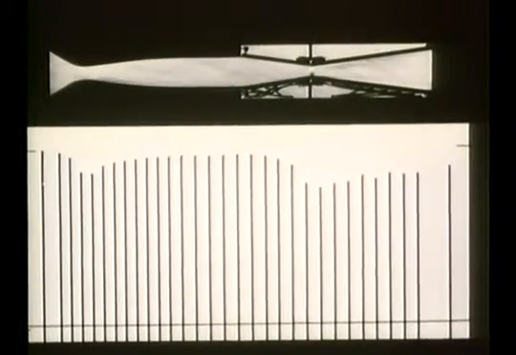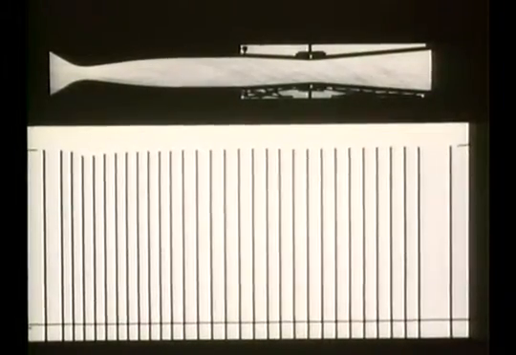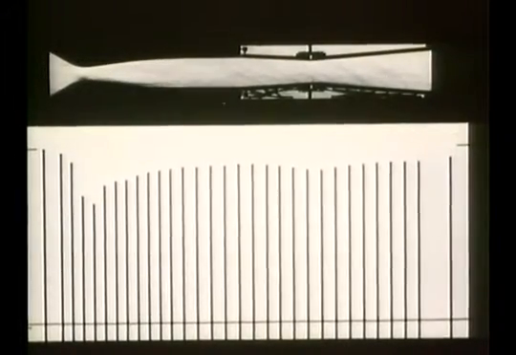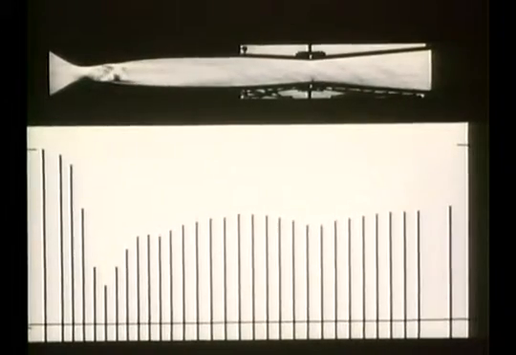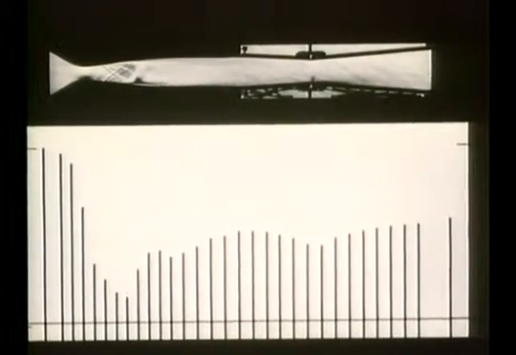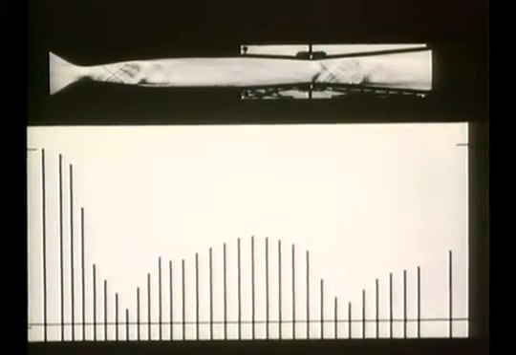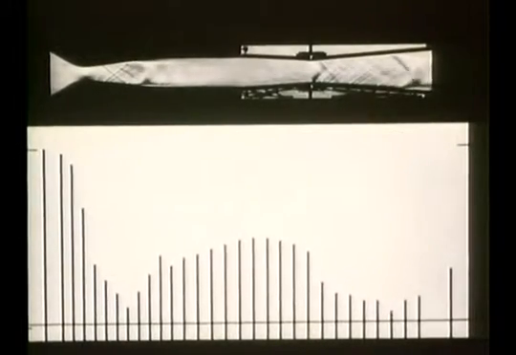Now let's make the second throat slightly larger than the first one. As the flow rate increases, the first throat chokes, and a shock wave appears in the nozzle. Then the second throat chokes, and we can no longer affect the first shock wave, only the second one.